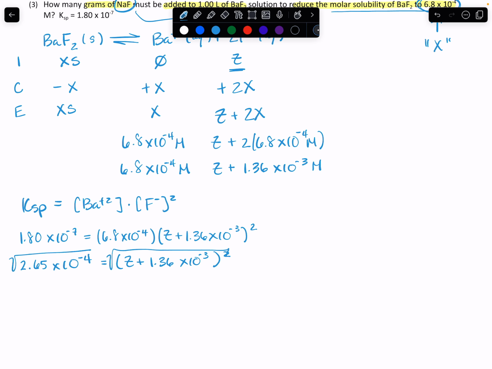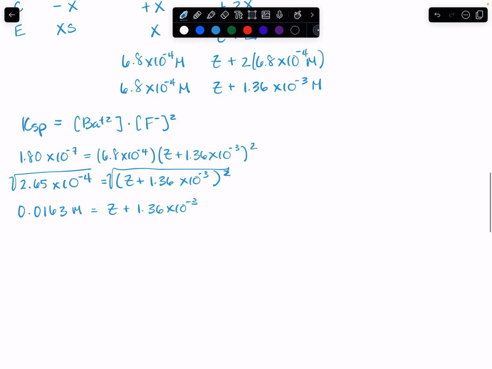Square root of both sides. It's going to give me 0.0163 over here, Z plus 1.36 times 10 to the negative 3rd. So I'm going to need to subtract 1.36 times 10 to the negative 3rd from both sides. And I'm going to find that Z is equal to 0.0149 molar.